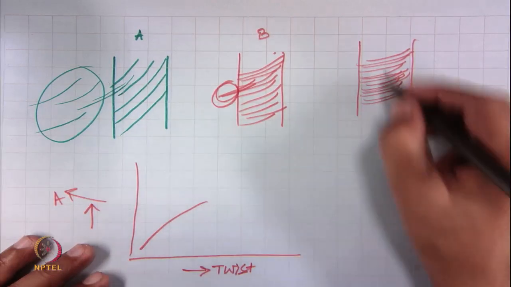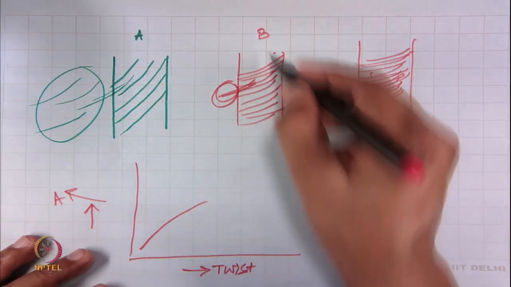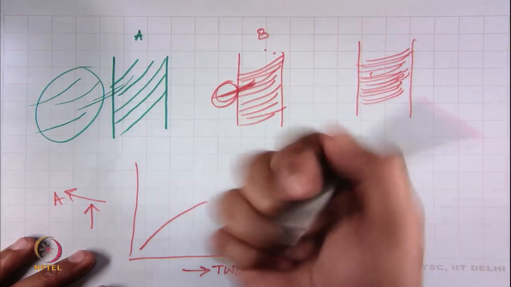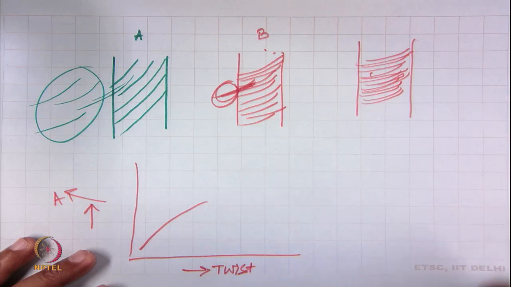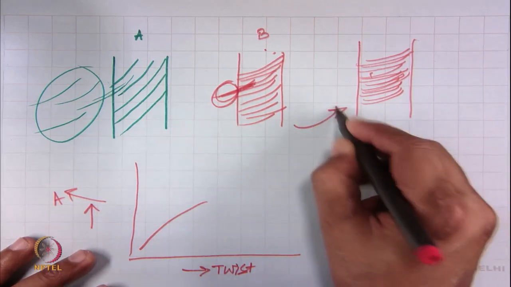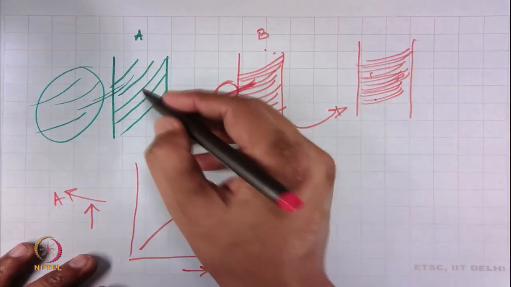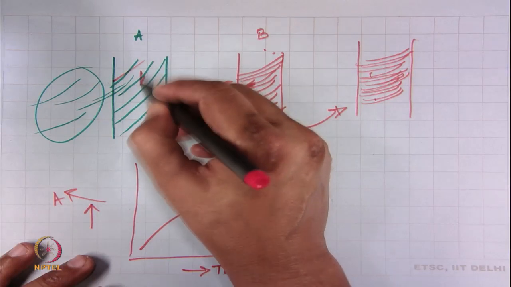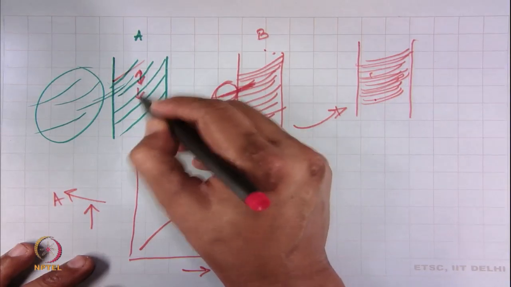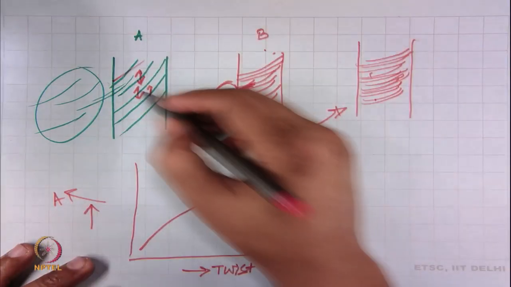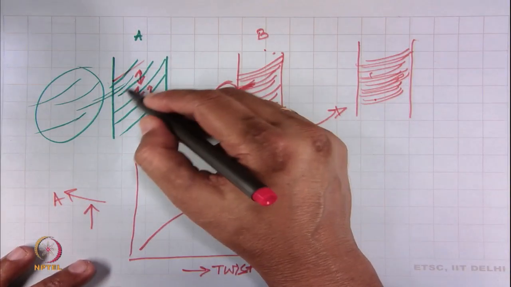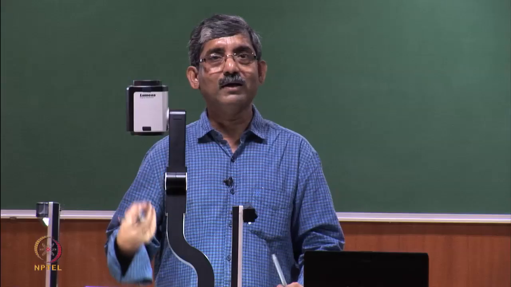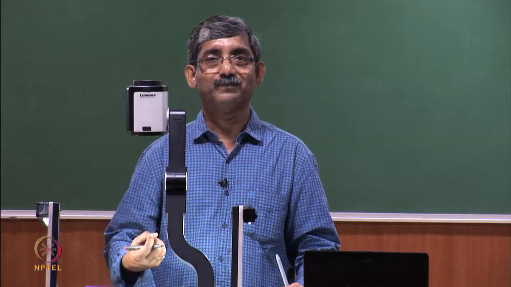The twist we have put here is enough for the fiber to be retained in the structure, but if we increase it further, then when we are rubbing the yarn against another surface, there will be a slight movement of the yarn. That movement will actually absorb some energy.